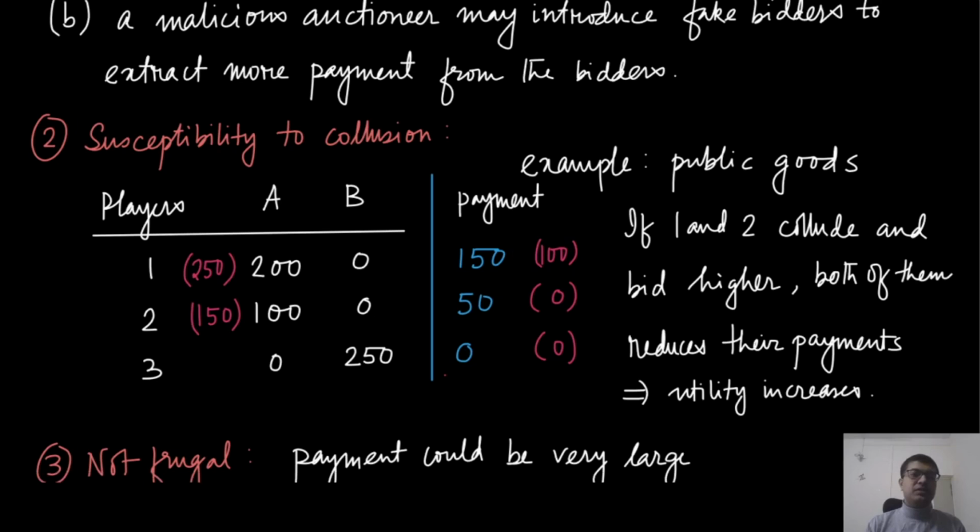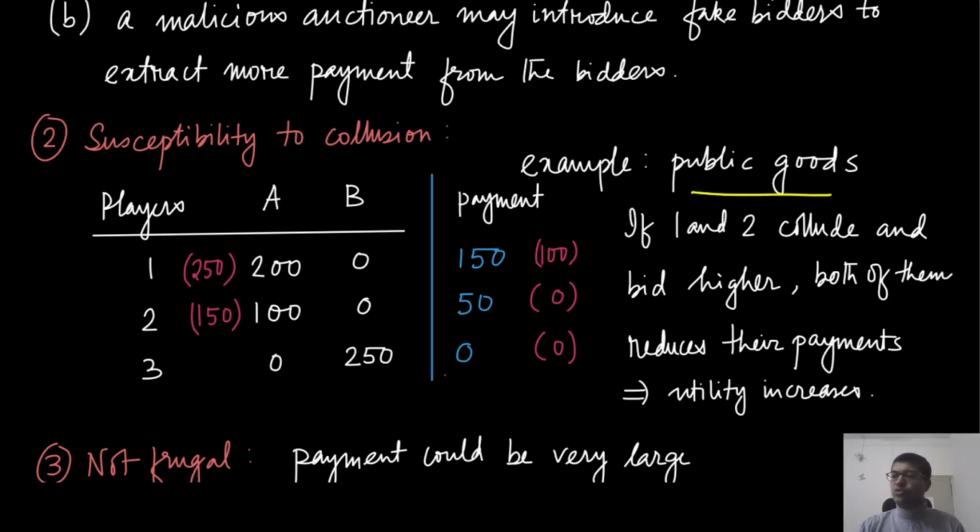The next criticism is about collusion. Suppose there are multiple individuals who can potentially talk to each other and decide collectively that they are going to bid differently. Whether they are going to be better off or not, let us look at this example. This example is for public goods.